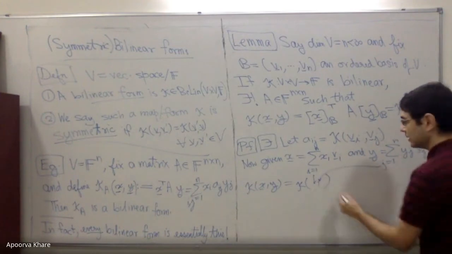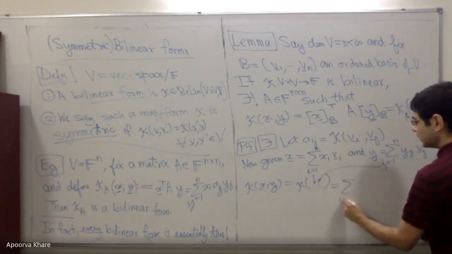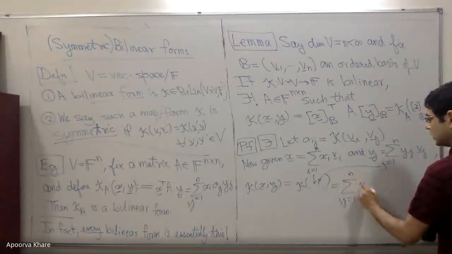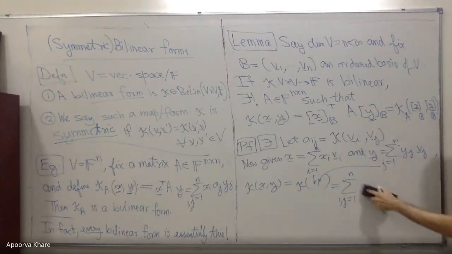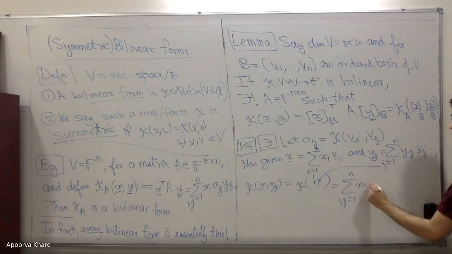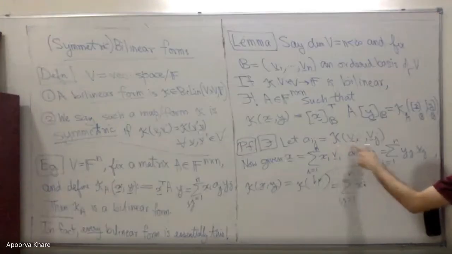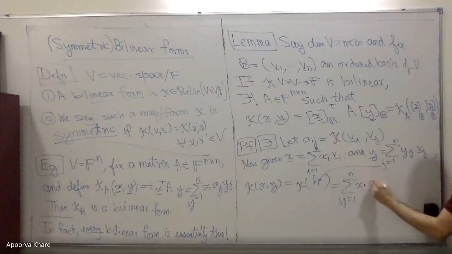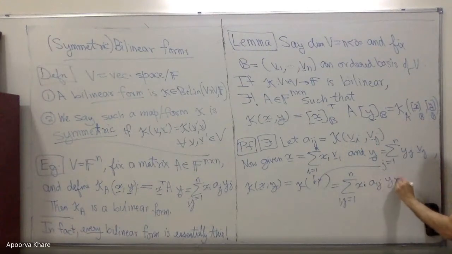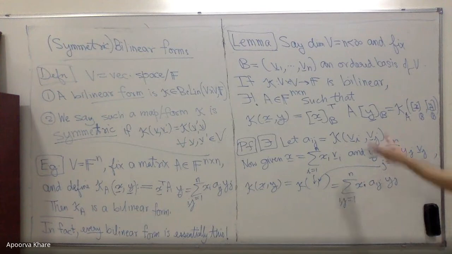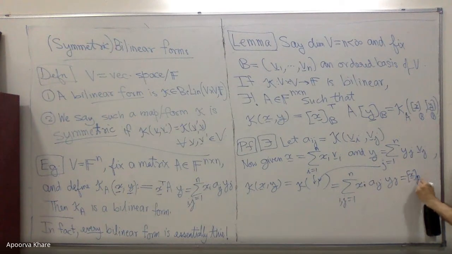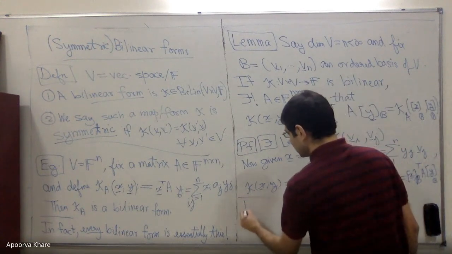And kappa is bilinear, so of course I can take the summations outside. So it is xi, and then you get kappa of Vi Vj, which is literally Aij, and then you get yj. And that is exactly the RHS. It's exactly there. So existence is obvious.